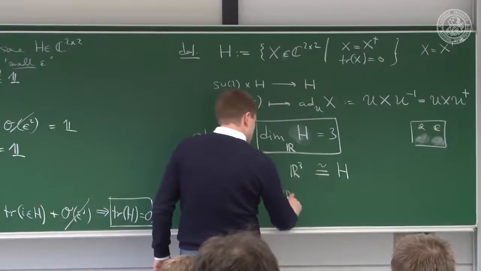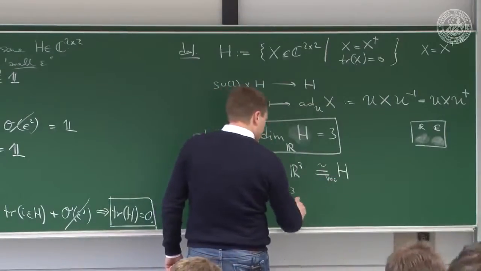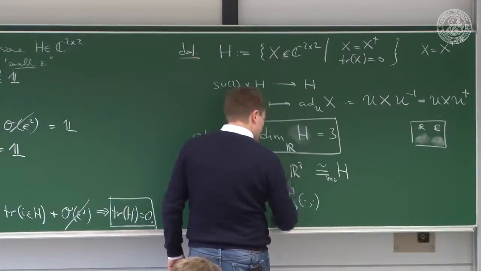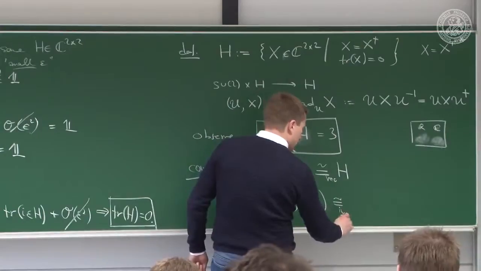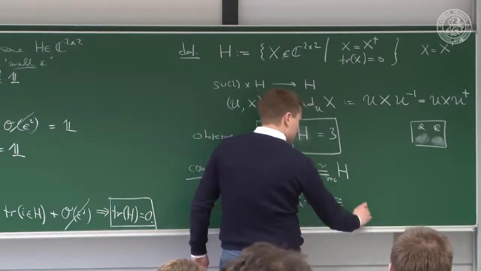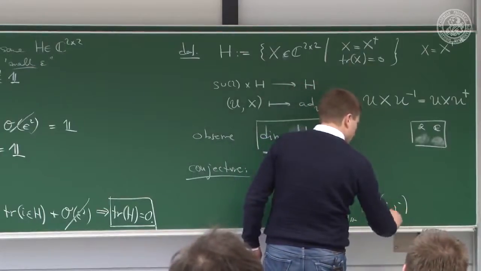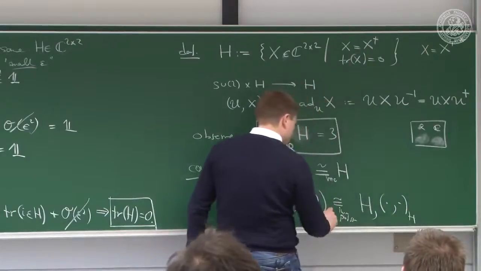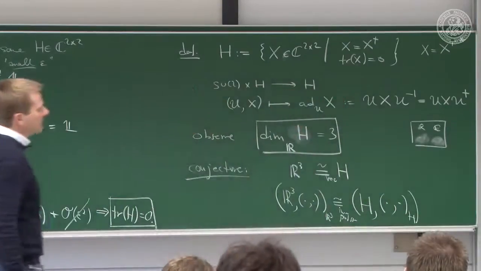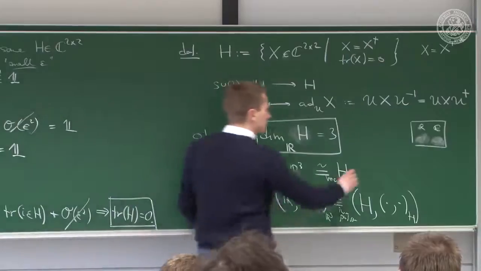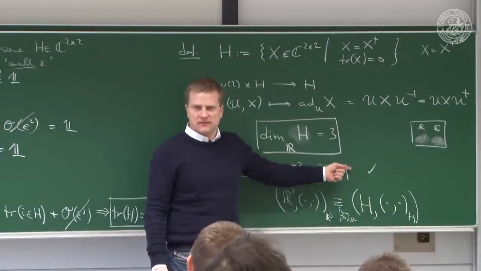What's more interesting is, so this is as vector spaces. If I take R3 with the standard inner product, I can also show that as an inner product space, it's the same as H with a particular inner product we're going to define on H. So from now on, we should distinguish between the inner product on R3 and the inner product there. In order to have an isomorphism, I need to construct a particular map.